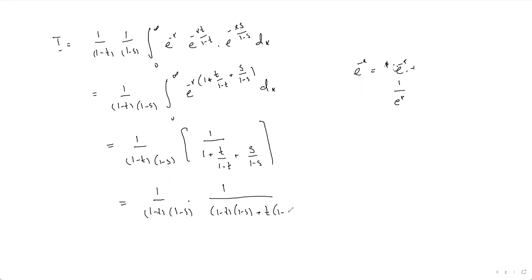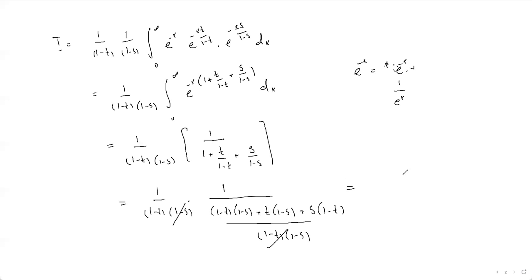It will be t into 1 minus s, plus here s, 1 minus s will cancel out. It will be s into 1 minus t, whole divided by, I'm just multiplying the numerator and denominator by this, so it will be 1 minus t into 1 minus s. Now this 1 minus t and 1 minus s will go here in the numerator and cancel out with this term. I will be left with these terms only.